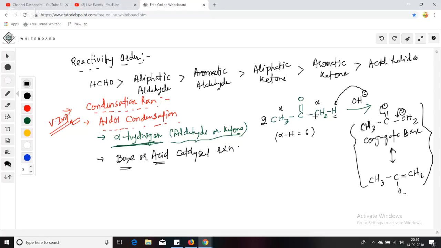Now when we have negative charge on it, this negative charge attacks the other molecule. Suppose I write this particular compound here like this, CH3, C double bond O, CH2 with negative charge on it, plus one more molecule of this, CH3, C double bond O, CH3.